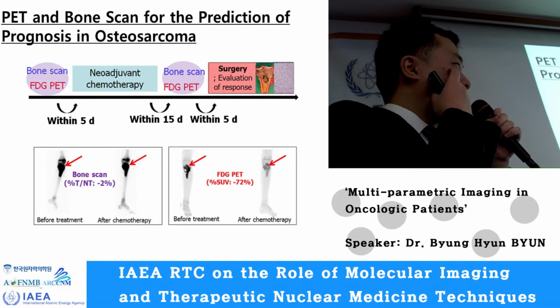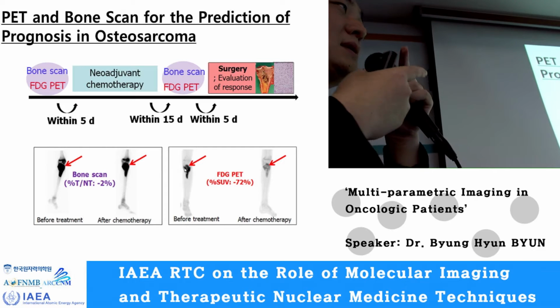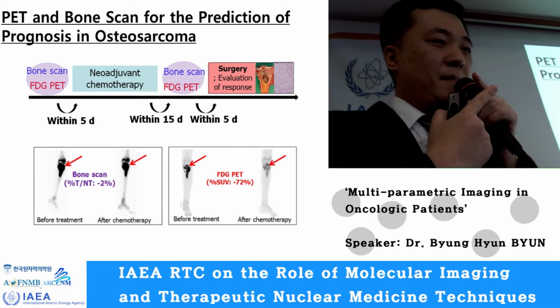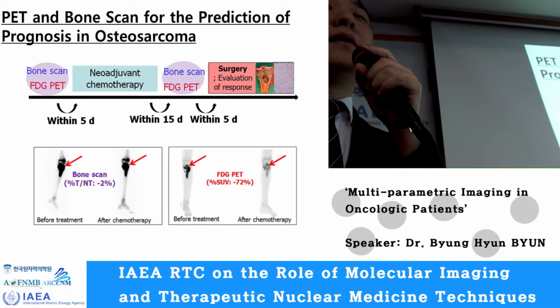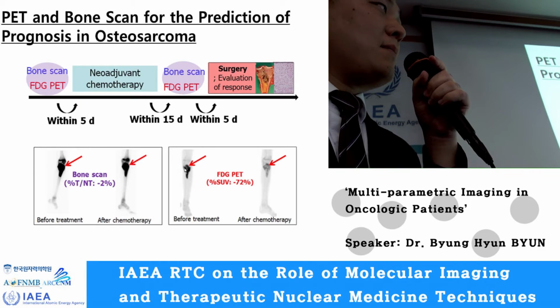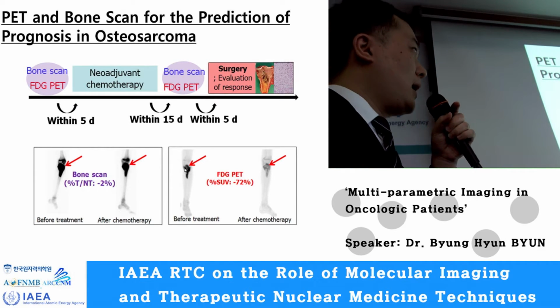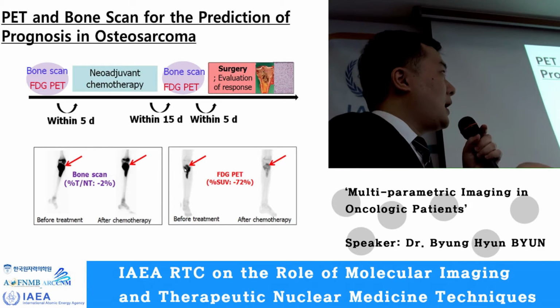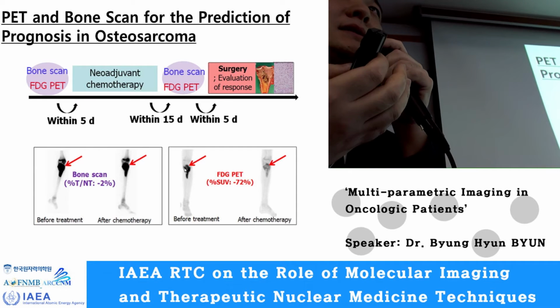I want to show another example. I showed the combinations of PET and MRI, but there are many other imaging tools in nuclear medicine. One example is bone scan. Bone scan is very popular. In osteosarcoma, cancer cells produce the osteoid matrix.